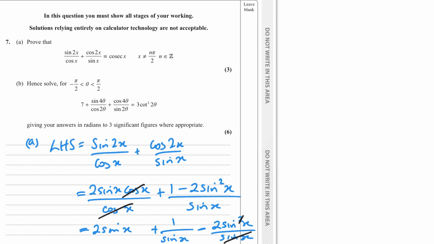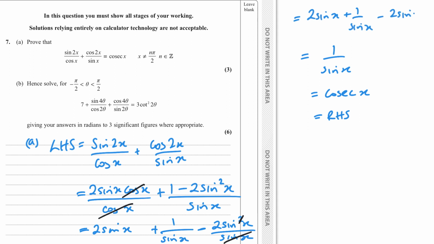Leaving me just carry on up here 1 over sine x, which is cosec x, which is my right hand side, and hence proved. And if you wanted to, you could have put the extra line in there, just the 2 sine x plus 1 over sine x minus 2 sine x, if you wanted to, but you wouldn't have needed to.